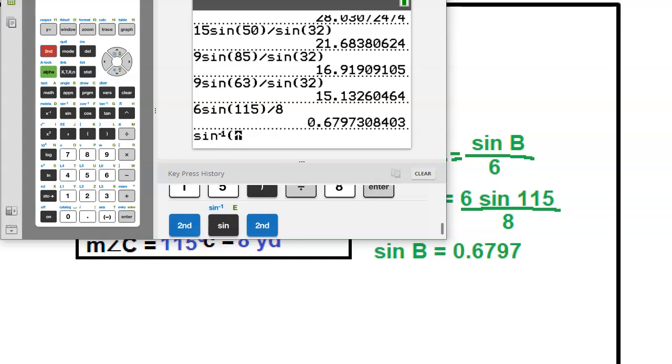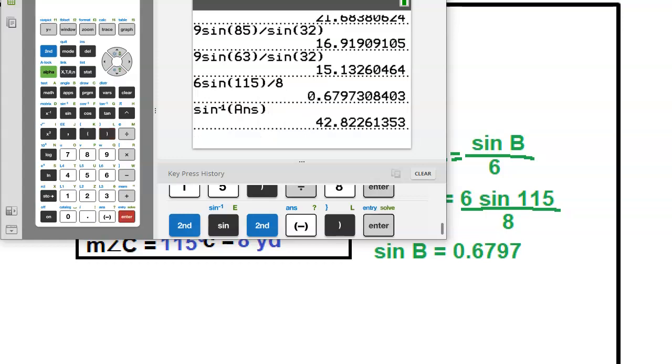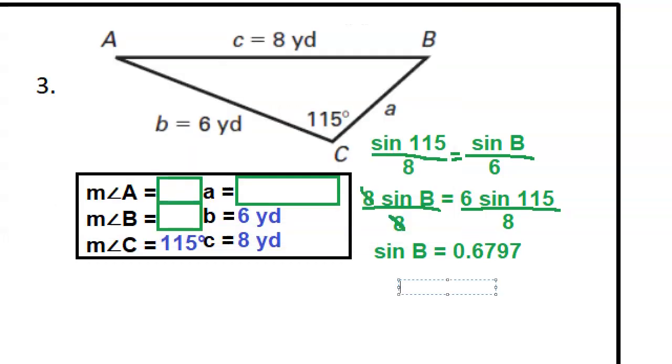Rounding causes mistakes. So I'm going to find the ANS button for answer. Just about every calculator has one. And then it's going to use the answer from the previous question to give me my number of degrees. 42.82 degrees.